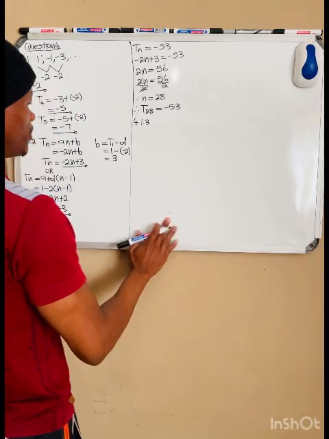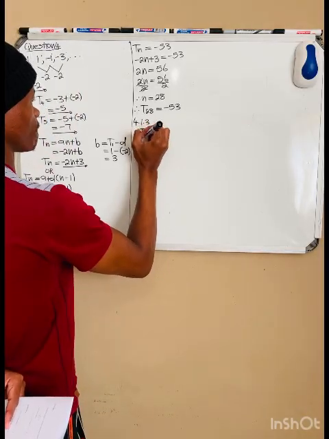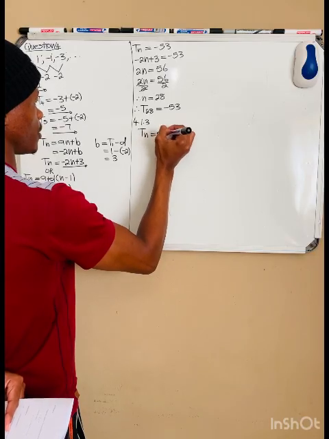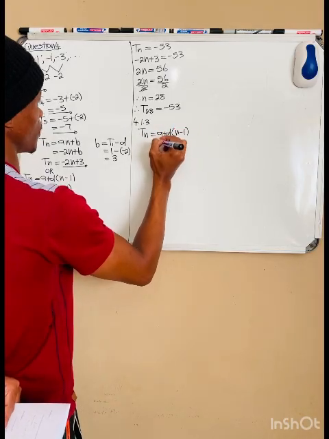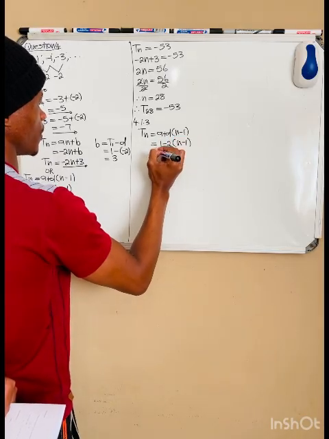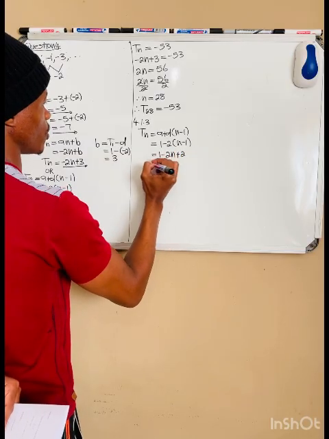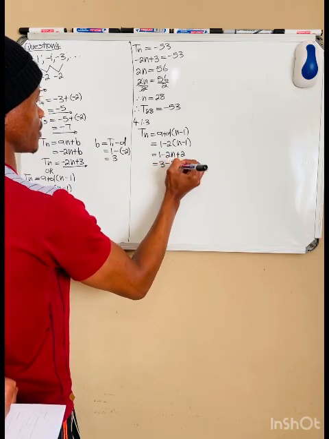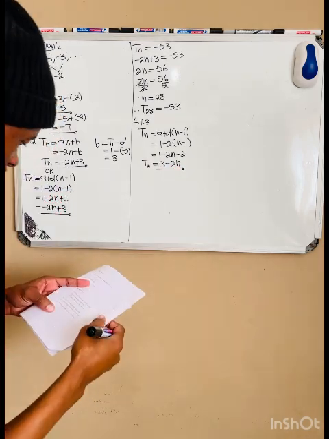So they want us to find the formula. So Tn equals A plus D into n minus 1. The first term is 1, then minus 2 into n minus 1, which is 1 minus 2 times this plus 2, which is 3 minus 2n. This is our formula. I hope it's clear.